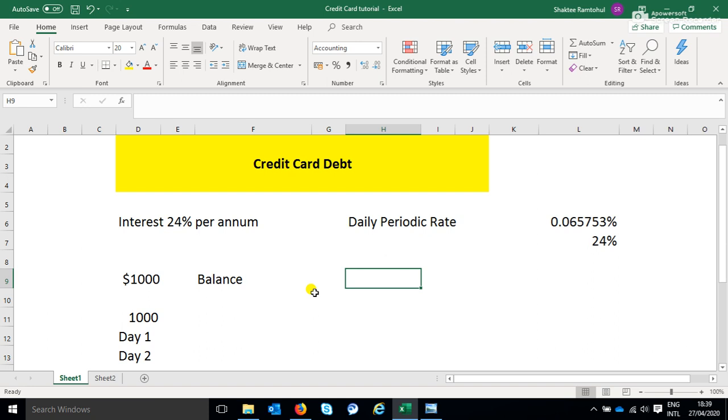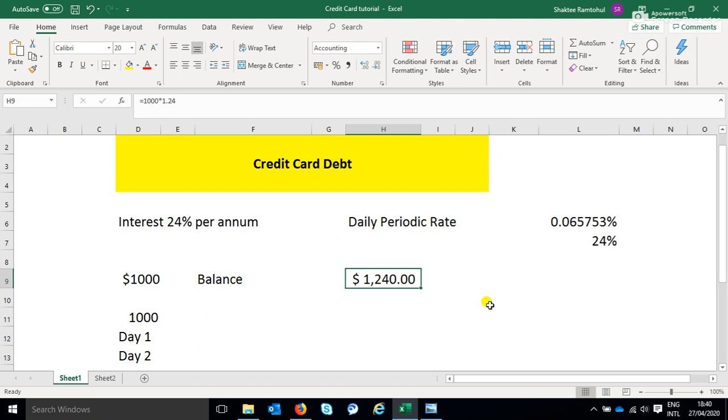Since it's 24%, after 1 year you're multiplying the entire amount, so 1,000 multiplied by 1.24. So you would have the tendency of thinking that if I carry this balance for an entire year, my credit card debt would be $1,240.